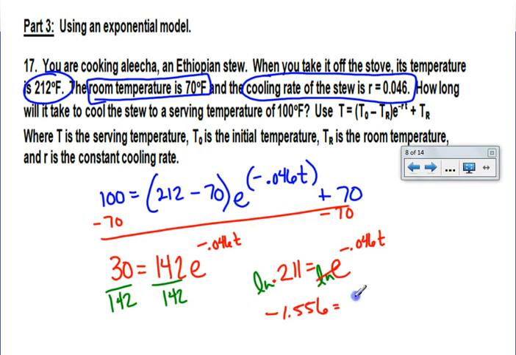Then e and natural log are going to cancel, so you have negative 0.046t. Your final step to solve for t is to divide by negative 0.046, and you get 33.8. I'm assuming that's minutes, but I'm sure they told me. So roughly 34 minutes.